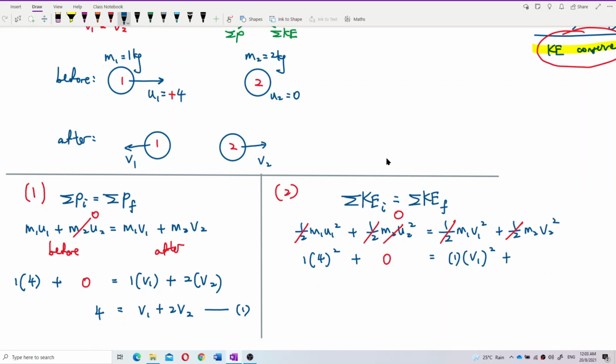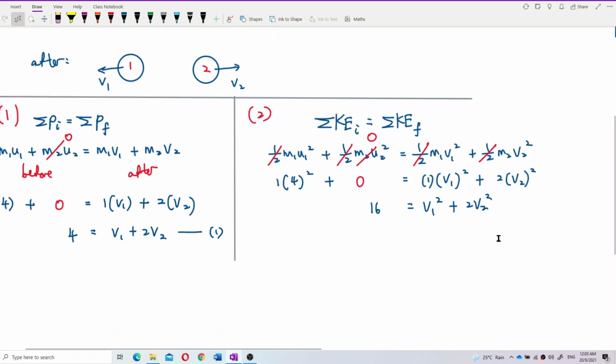Then mass 2 is 2 kilograms, and this is v2 squared. So this is 16, because 4 squared is 16, equals v1 squared plus 2 v2 squared. So here we have the second formula.